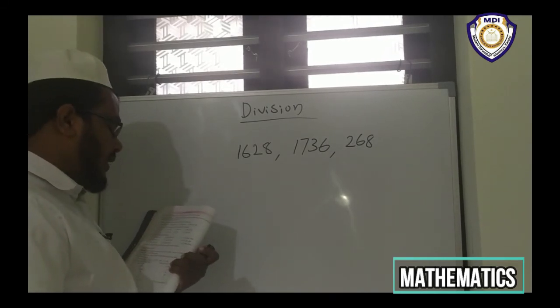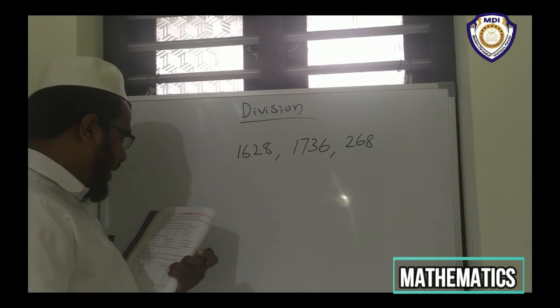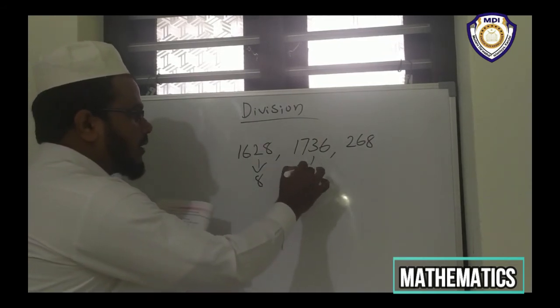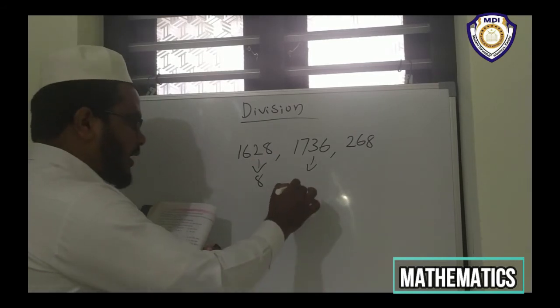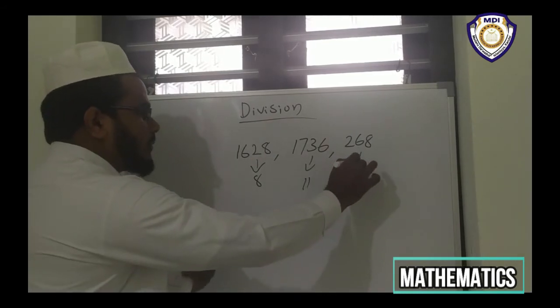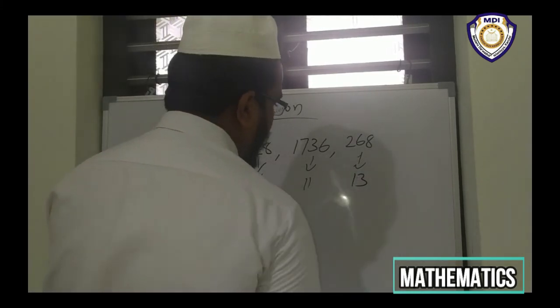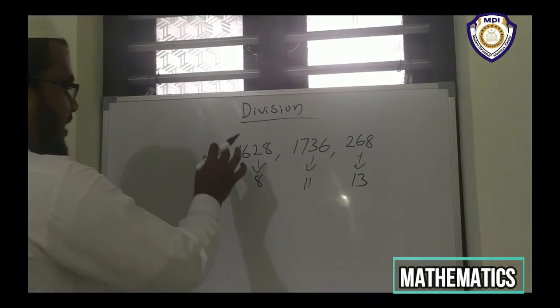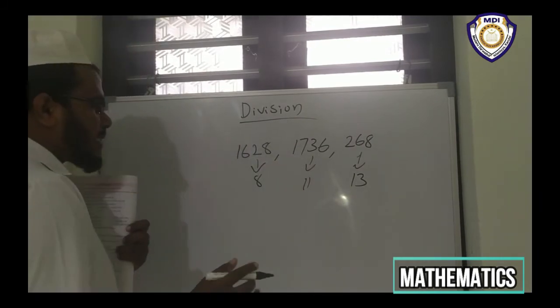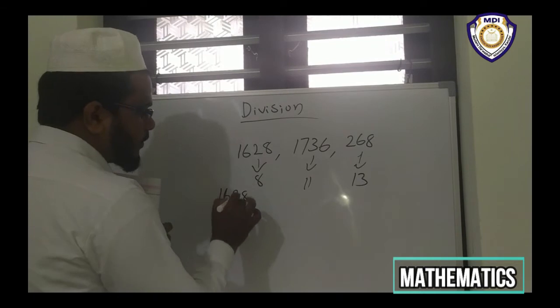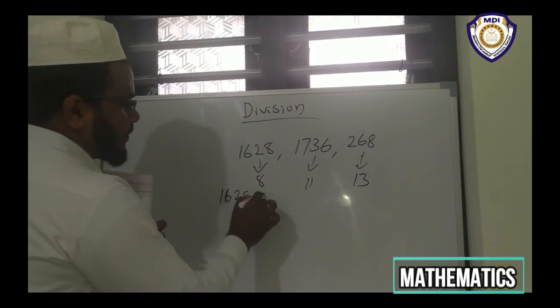So the question wants remainder 8 here, 11 here, 13 here. To leave 8 here we have to subtract.